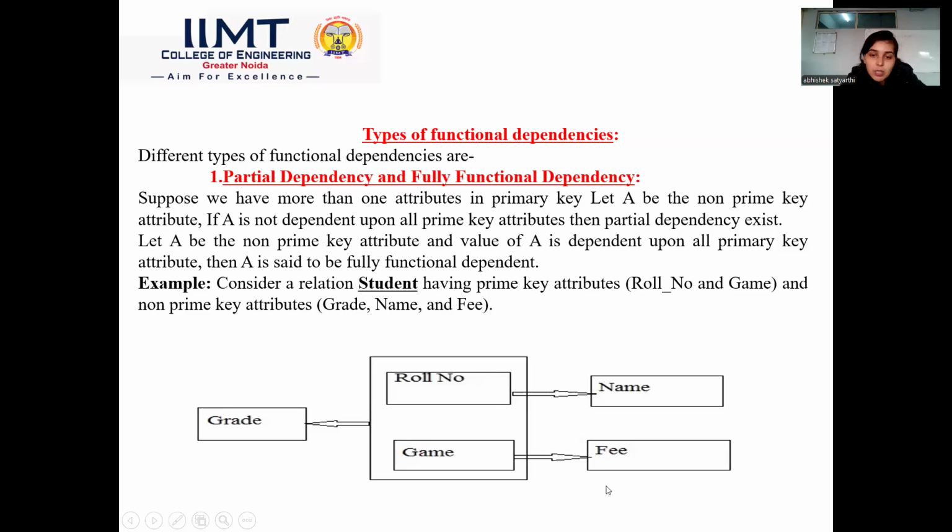Because of this, partial dependency exists. And what about fully functional dependency? Since roll number and game are part of the prime attribute, since these two are the key here, and from roll number and game we can derive grade, in that case the full dependency takes place.